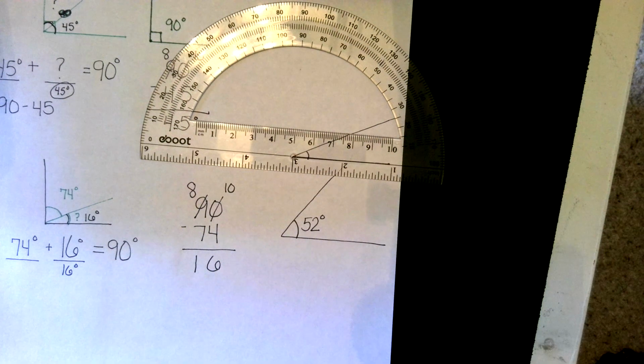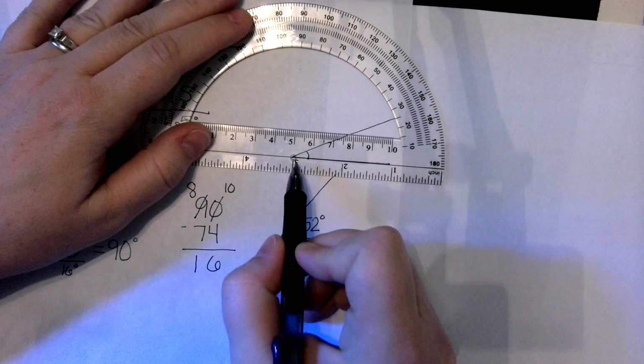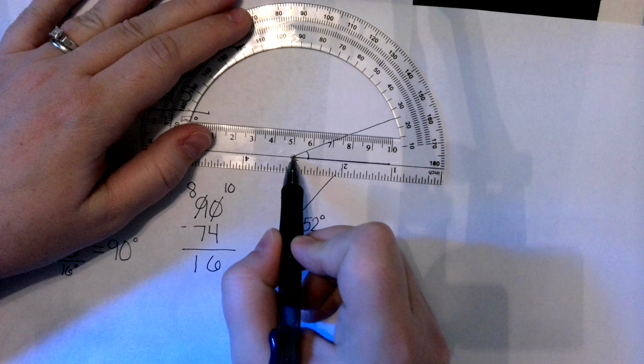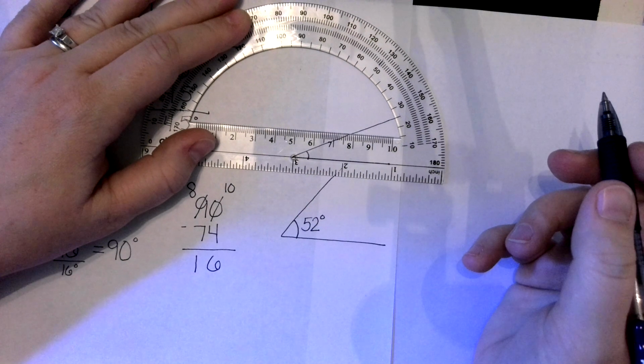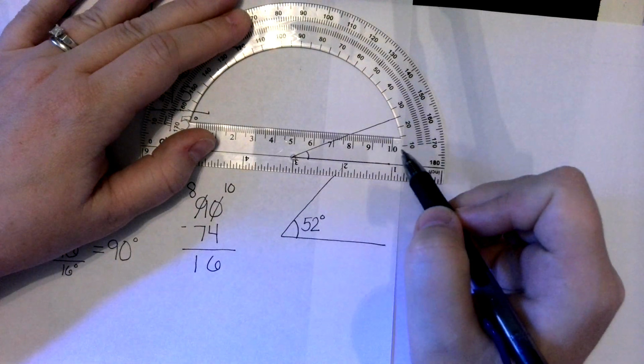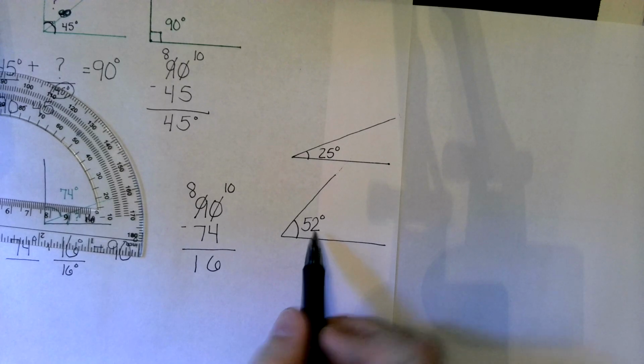Okay, so I take that little angle, I put the vertex in the corner, I follow my straight line, and look, it lines up perfectly here. Okay, so this angle is going to measure, here's 10, here's 20, here's 30. So this line is 25 degrees. So this bigger angle is 52 degrees. This smaller angle is 25 degrees.